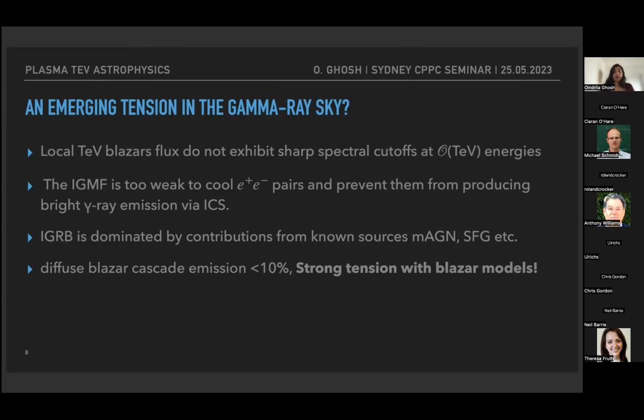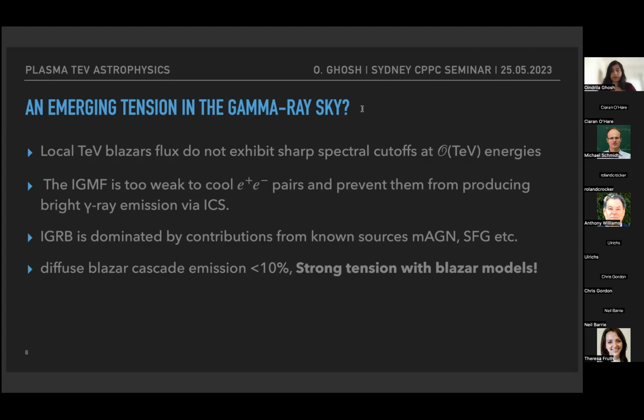And we also take into account that the isotropic gamma ray background is typically modeled with contributions from known sources, such as misaligned AGNs and star-forming galaxies. So this limits the diffuse blazar emission to less than 10%. And this is in quite strong tension with the blazar models.